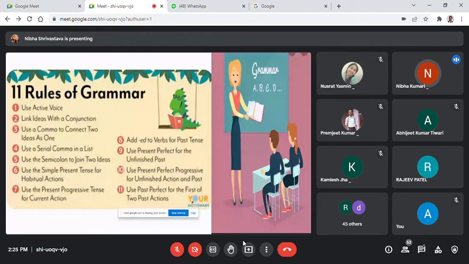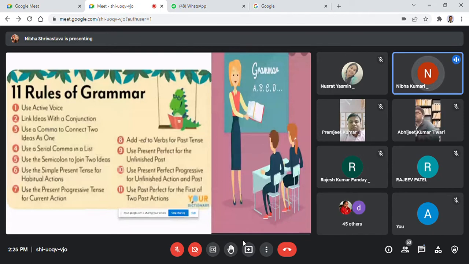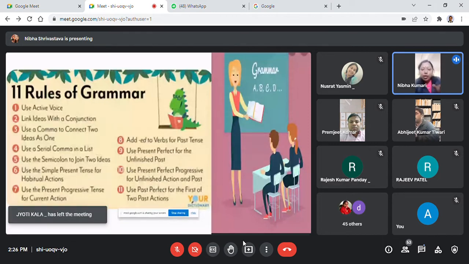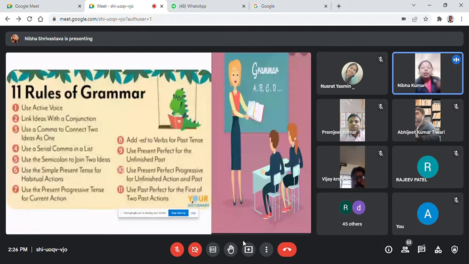Okay. Now, we should always say any sentence in active voice, because the subject refers to the doer who is performing the action, and in active voice the subject is the doer of the action.